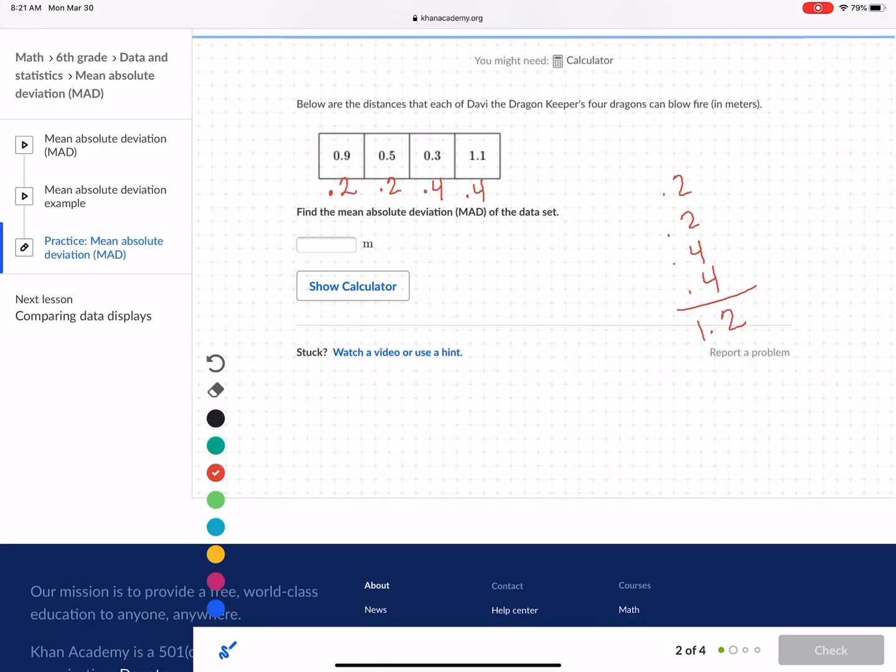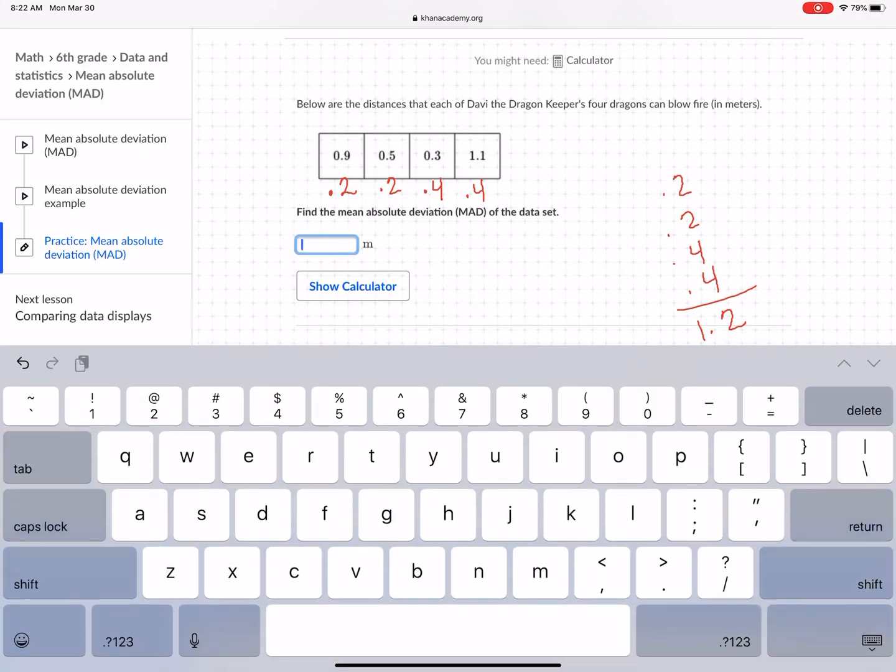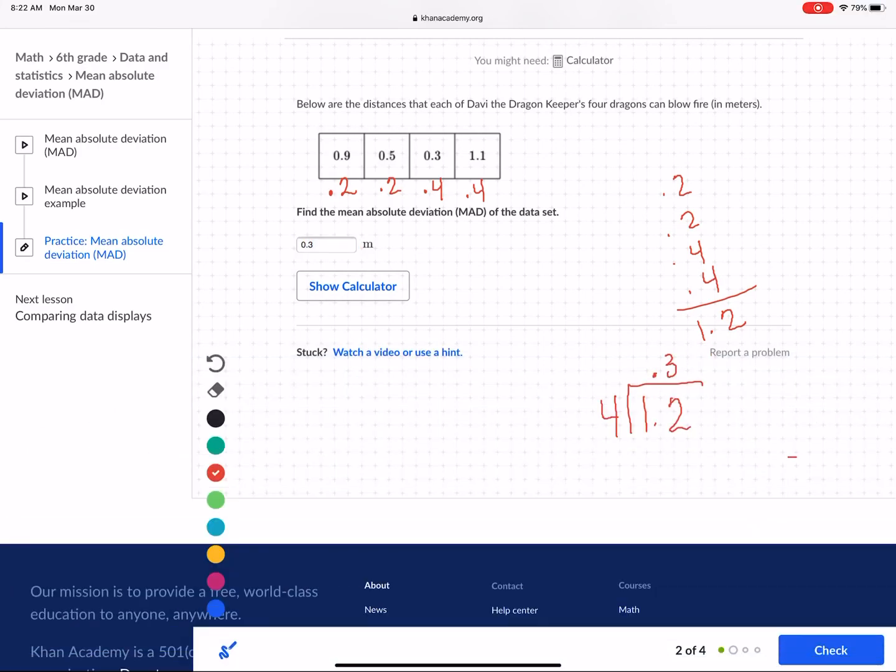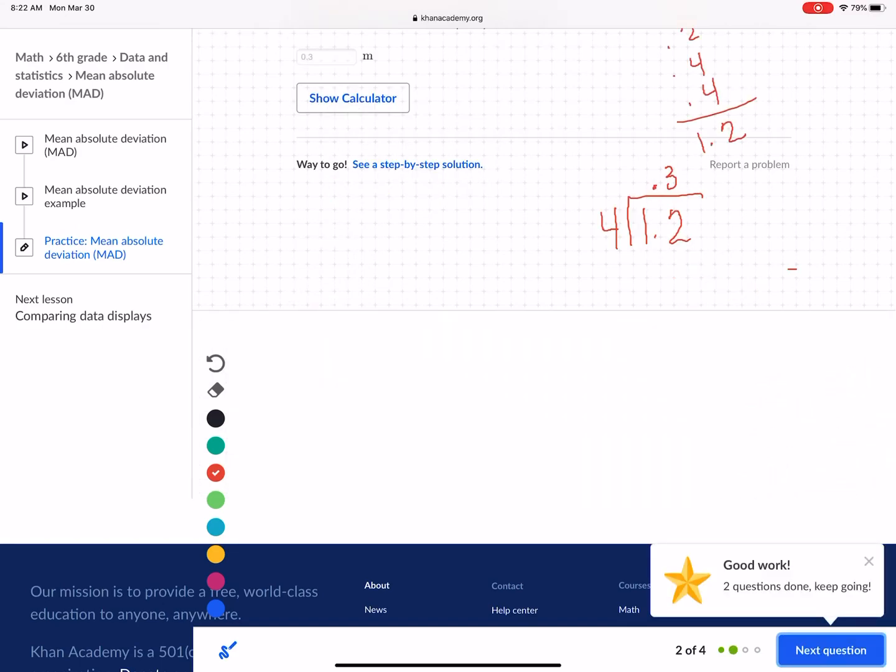And now I'm going to divide 1.2 by 4 because there are 4 pieces of data. 4 into 1.2 is equal to 0.3. So the MAD, or the mean absolute deviation, is 0.3. I think I will probably take both answers. Yay, excellent.